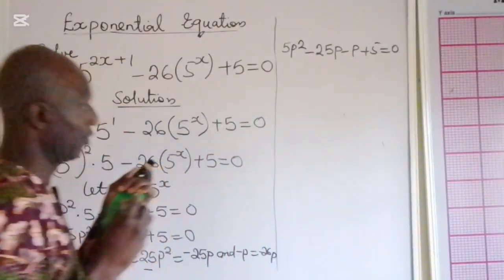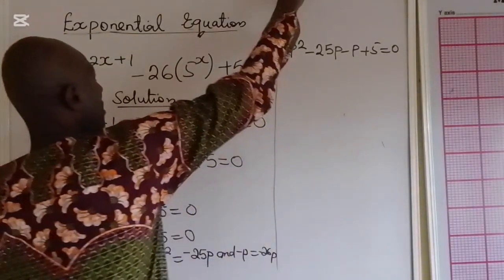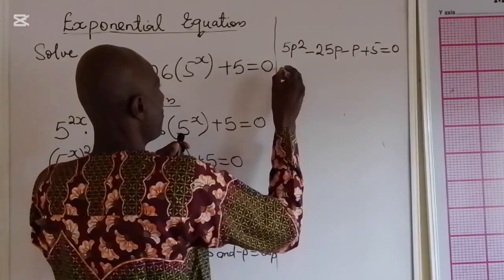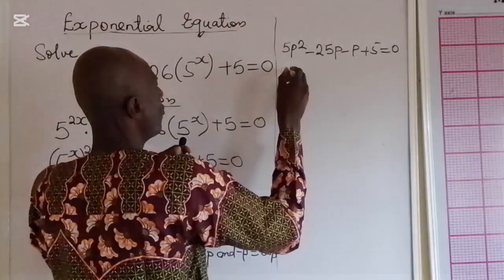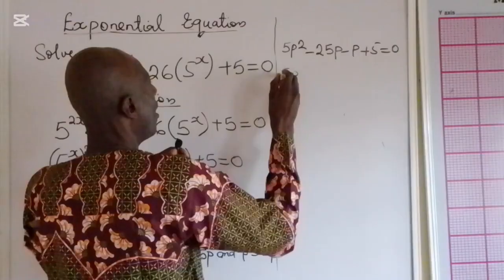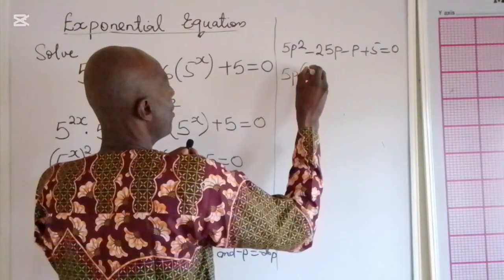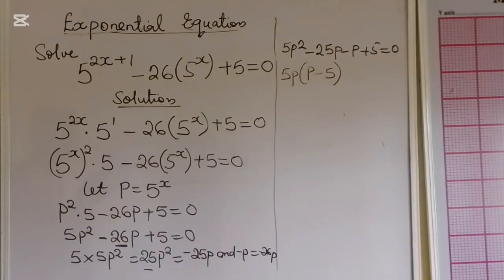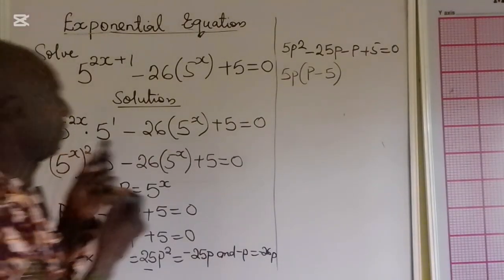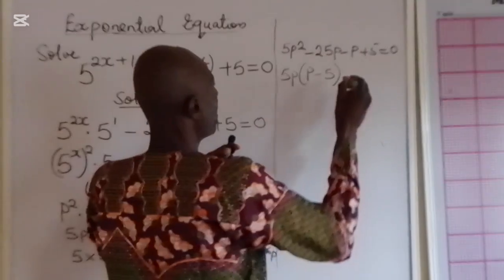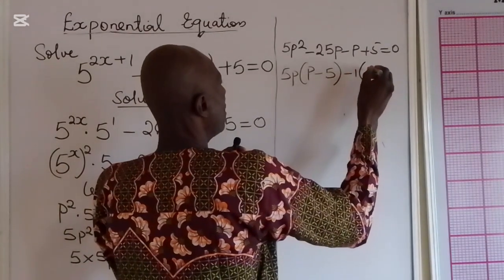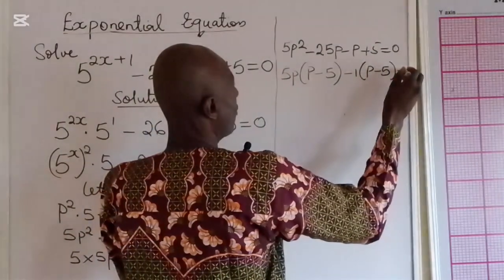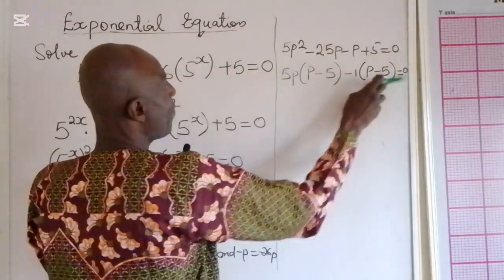is equal to 0. So we can now factorize that expression. What is common here is 5p. When I bring 5p out, you are left with p minus 5. What is common here is minus 1. If I bring minus 1 out, we are left with p minus 5. So the two brackets must be the same.